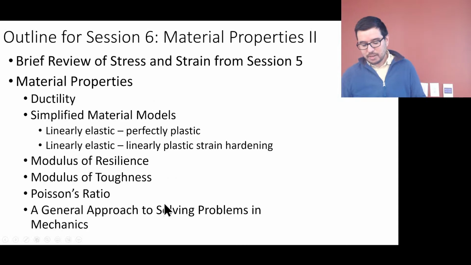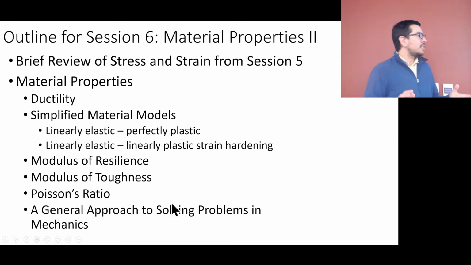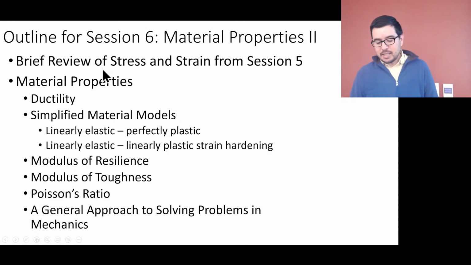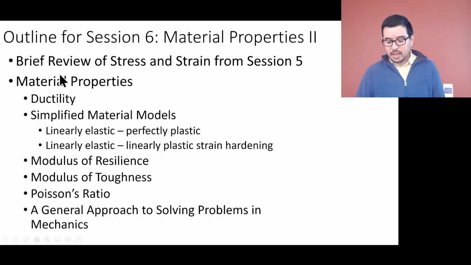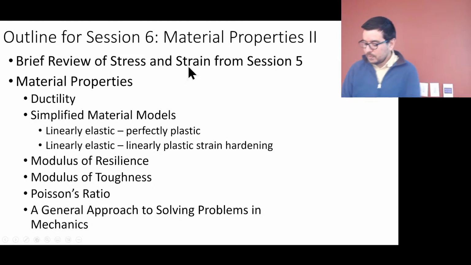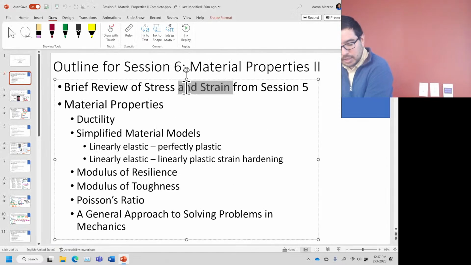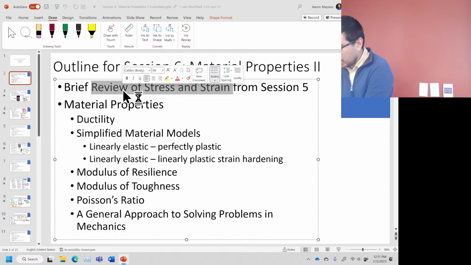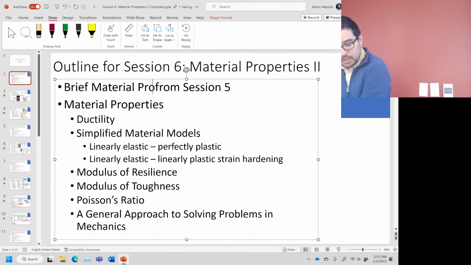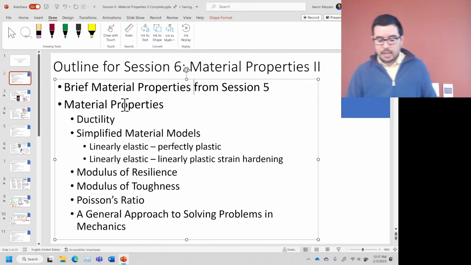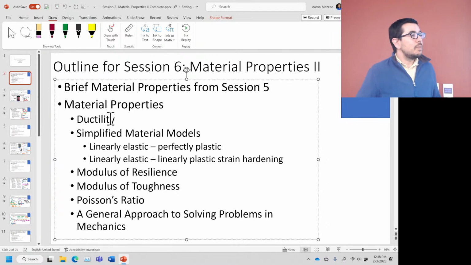Well, let's go ahead and get started. The last time we met, we discussed, well, it was a review of stress and strain, but it was really discussing material properties. And then today we'll continue talking about material properties.